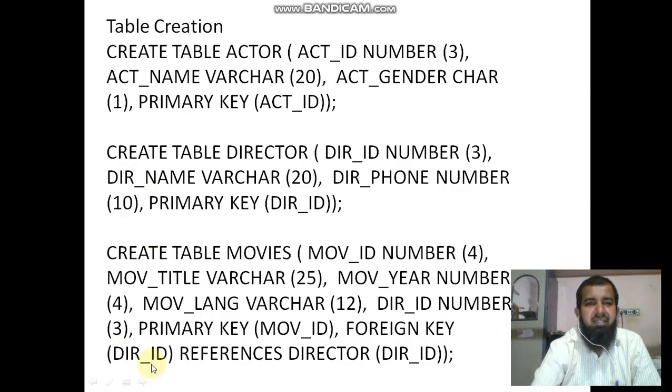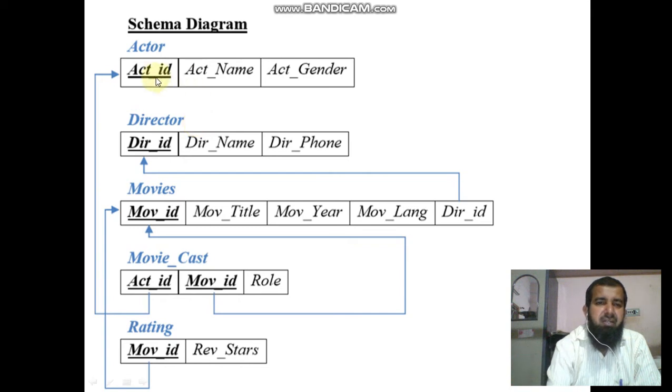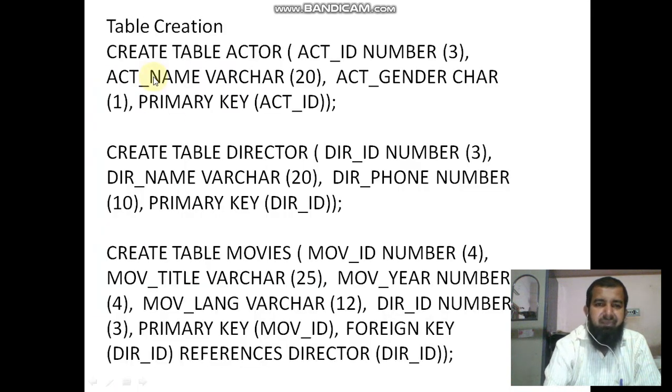First create actor. In the actor table, actor ID is the primary key, actor ID number, actor name varchar2, actor gender character. Male or female, M or F, that's why size 1 is enough.